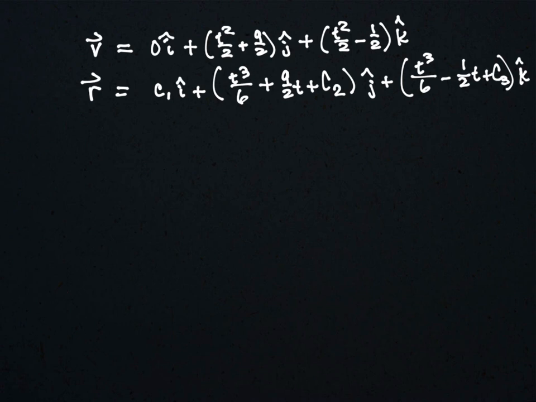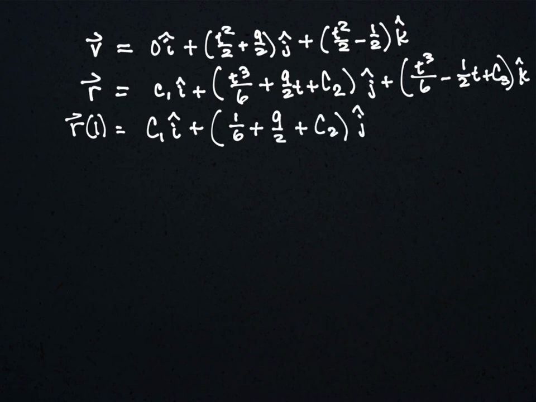And it tells me, back at the beginning, that r of 1 is what? What's it say? It's supposed to be the 0 vector, right? So if I put 1 in everywhere, we should be getting 0 vectors. So C1 i plus, I'm going to put the 1s in everywhere first, 1/6 plus 9/2 plus C2 j plus 1/6 minus 1/2 plus C3 k.